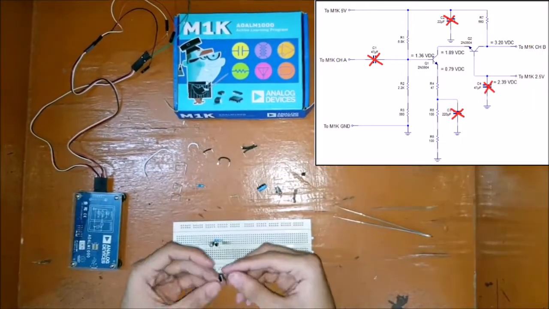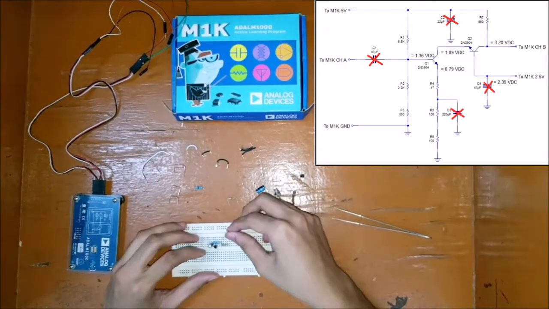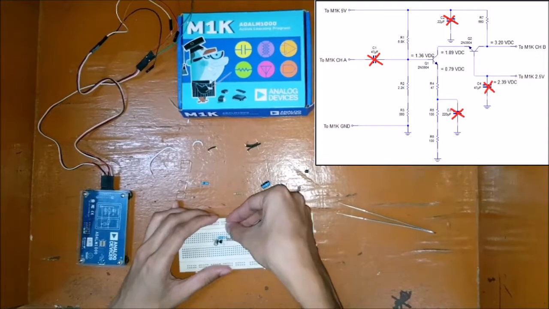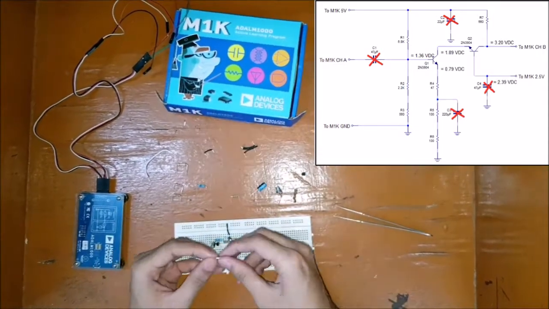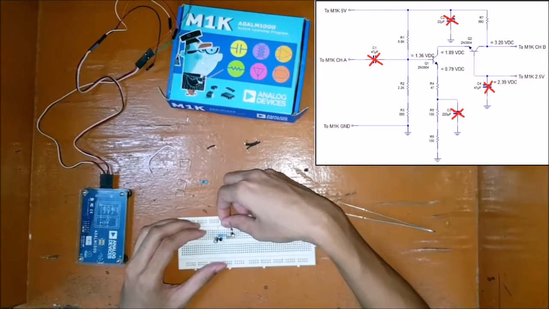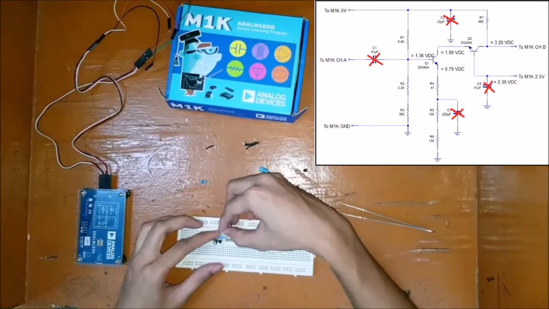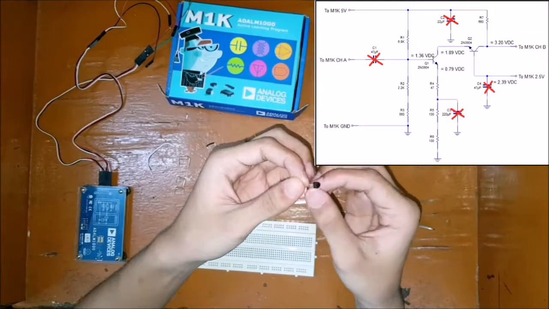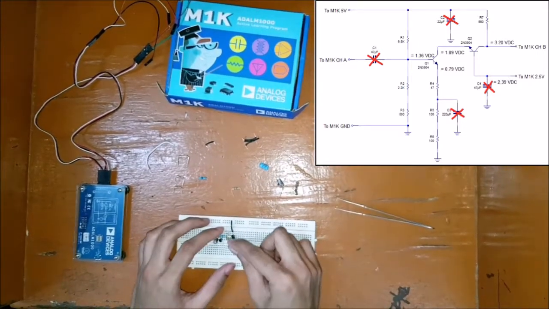Starting with the DC analysis, capacitors are treated as open and it will look like this. Moving on with the common emitter circuit, we can see that R2 and R3 are in series, and if we connect them with R1, they will form a voltage divider bias.